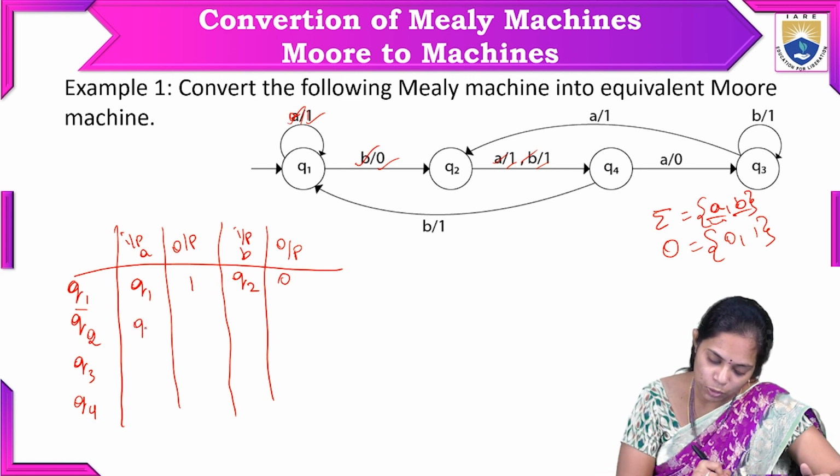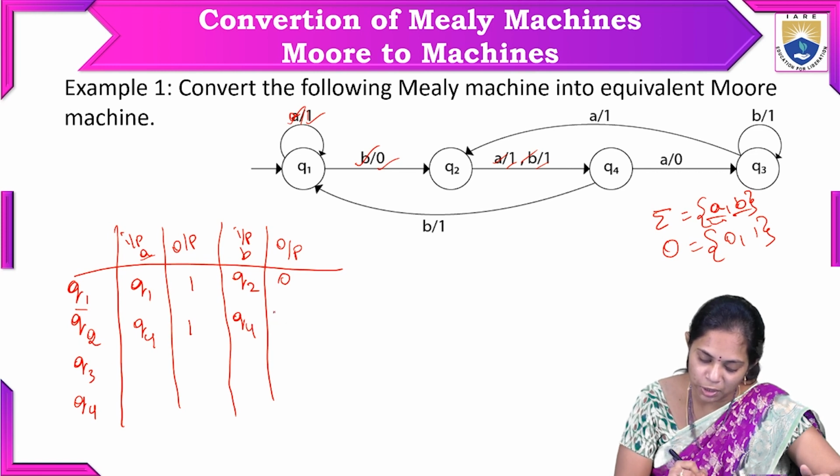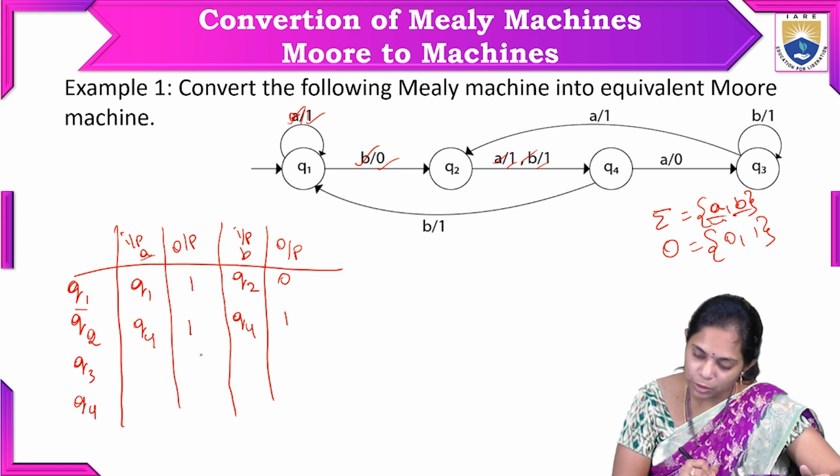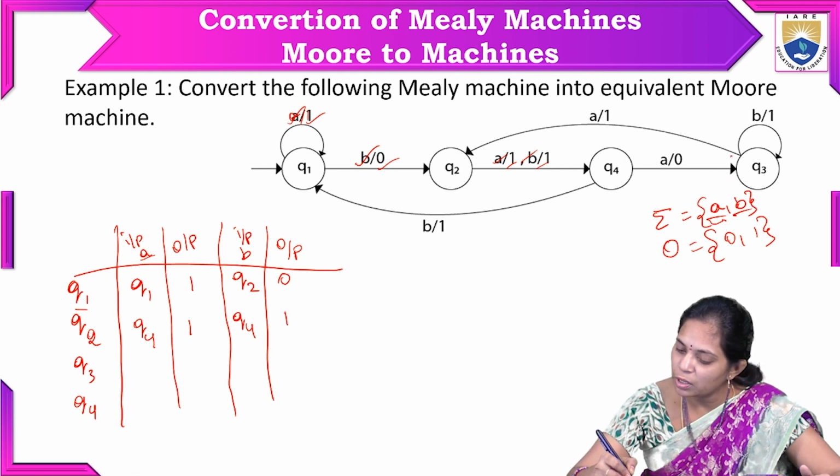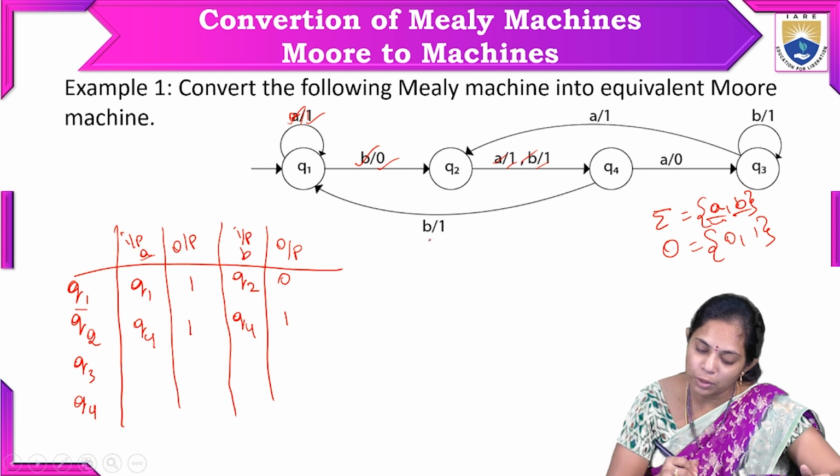So from Q2 it goes to Q4 on input A with the output 1, and also on input B it goes to Q4 with output 1.